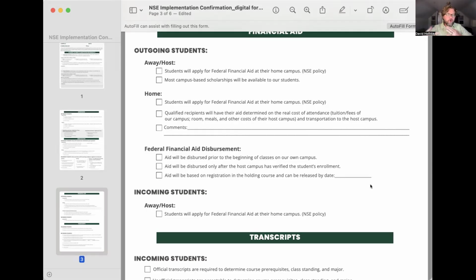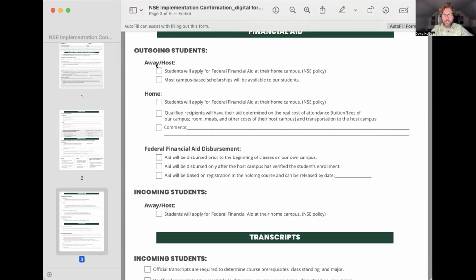So for both home and away, students fill out their FAFSA, applying for aid from their home campus. That is NSE policy. And actually, this is Deborah, there's a few things that I want to revise on this form. Both home and away students should actually have their financial aid package revised to be based on the real cost of attendance.